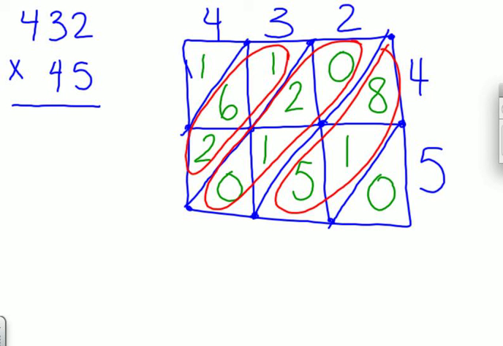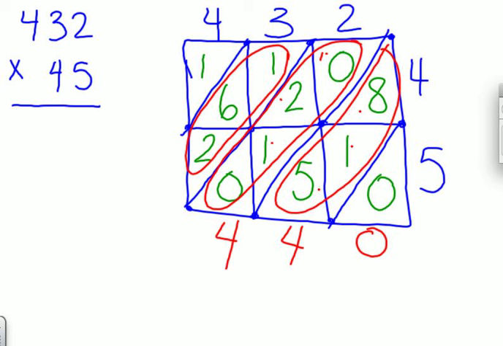So the first diagonal is 0. The second one is 8 plus 1 plus 5. What is 8 plus 1 plus 5? It's 14. Bring the 4 down here. Carry the 1 to the next diagonal. So I have 1 plus 2 plus 1. And that's 4. I have nothing to carry there.